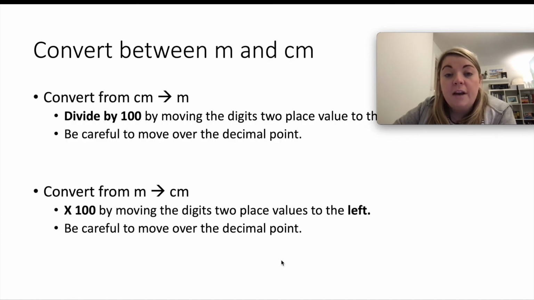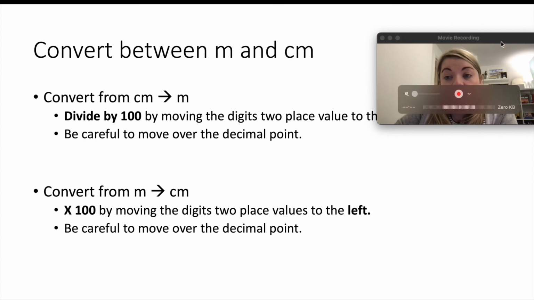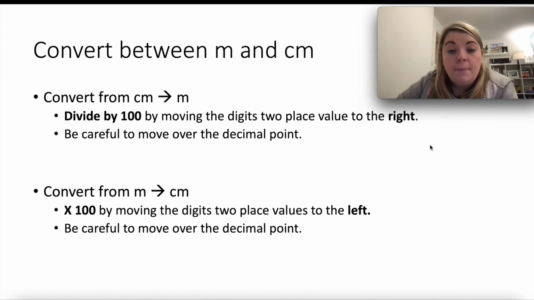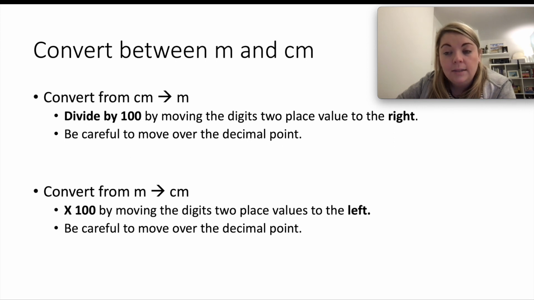So to convert between metres and centimetres, if you're converting from centimetres to metres, you divide the number by 100 by moving the digits 2 place value columns to the right. If you're converting from metres to centimetres, you multiply by 100 by moving the digits 2 place values to the left.